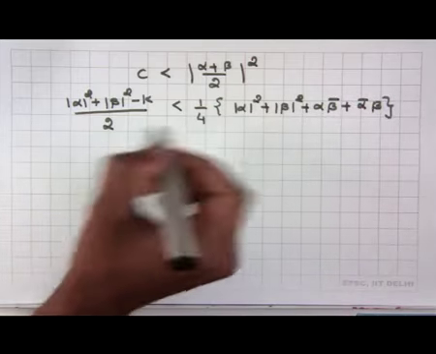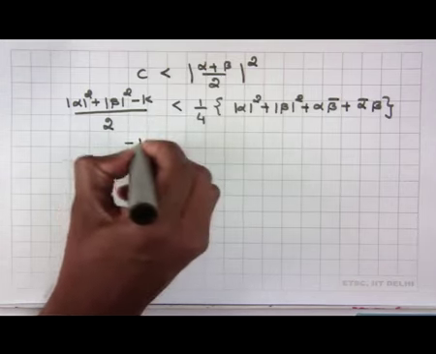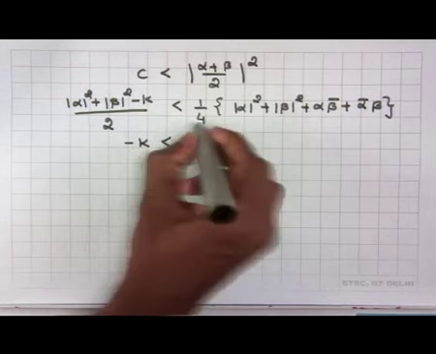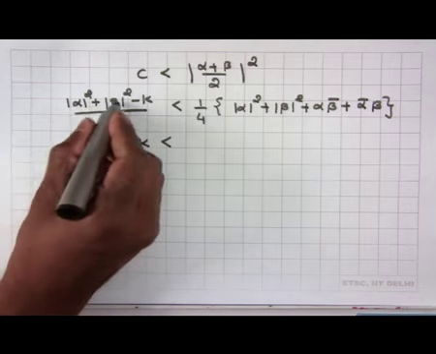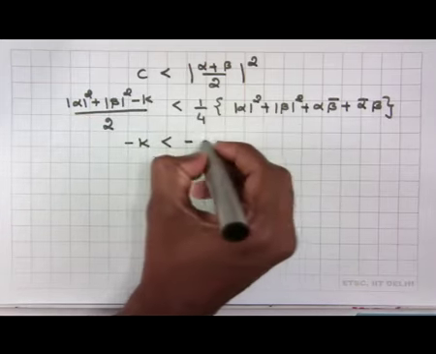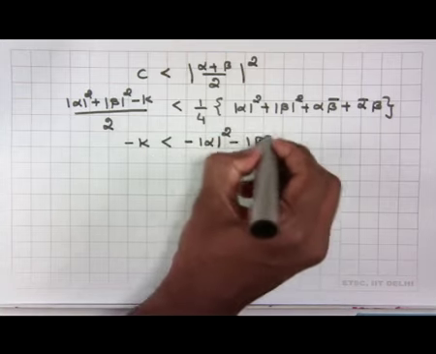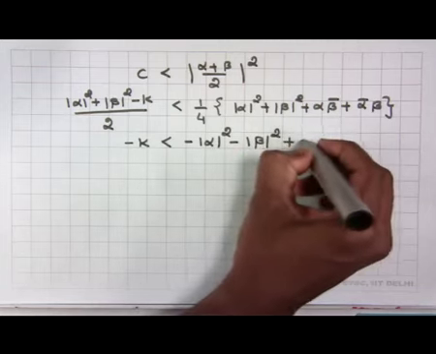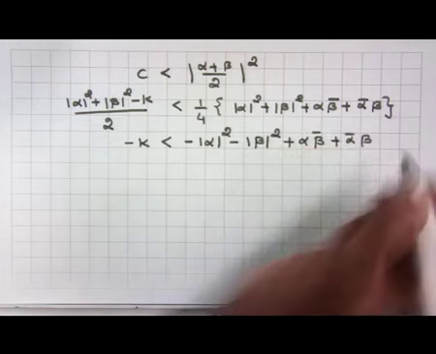Now, simplify this inequality. Then we get −k less than twice |α|² plus twice |β|²; once we bring it to the right-hand side, we get −|α|² − |β|² + αβ̄ + ᾱβ.